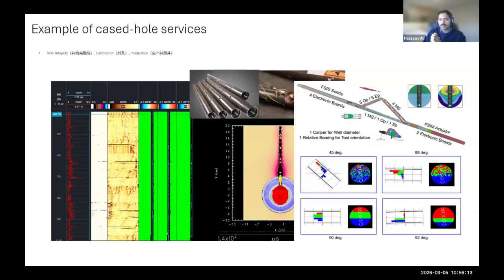They're commonly used because they go through different operational environments, and we also need to maintain the integrity of the tool in a high pressure, high temperature environment, right? So you use materials which have high tensile strength, higher yield strength, and more mechanical rigidity.